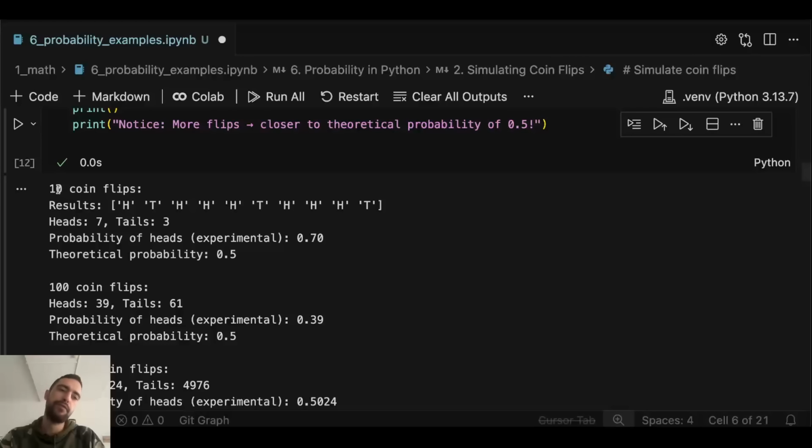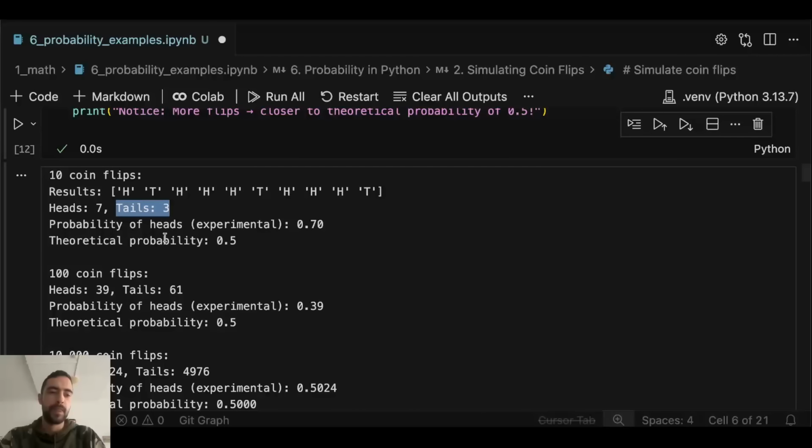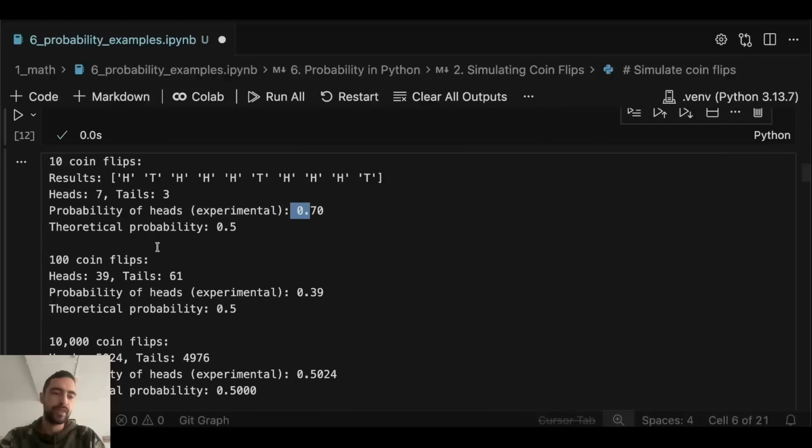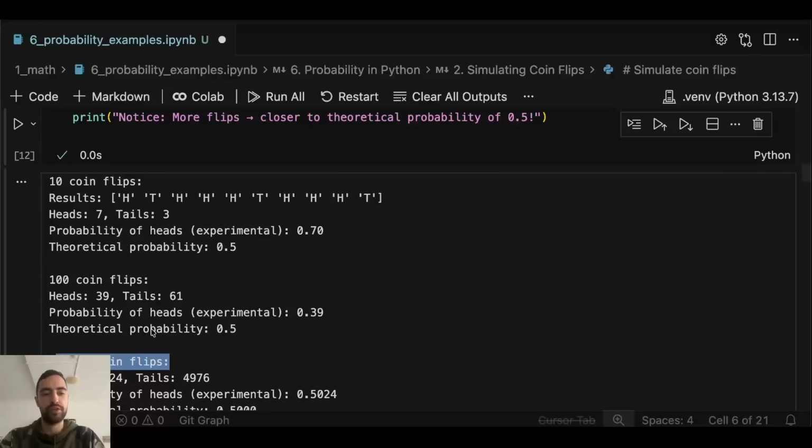Here, if we flip the coin 10 times, we get 7 times heads, 3 times tails. So theoretical probability is 0.5, but actual probability, measured I should say, is 0.7 or 70%. But as we flip more coins, the measured probability will get closer and closer to theoretical.